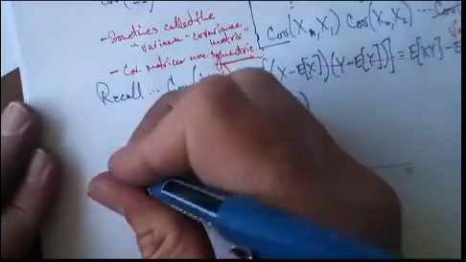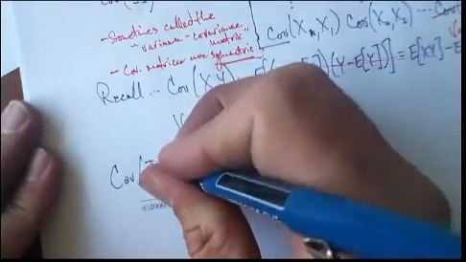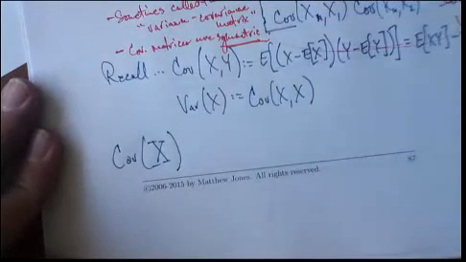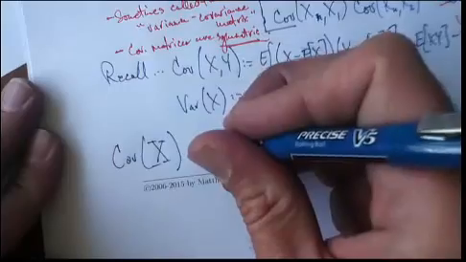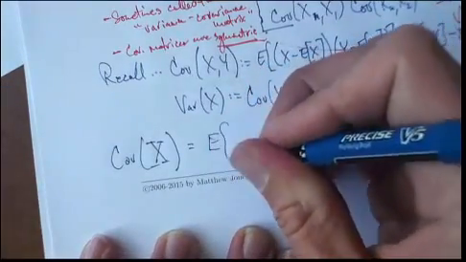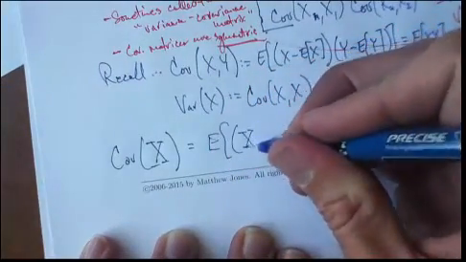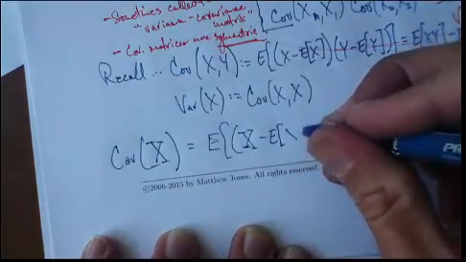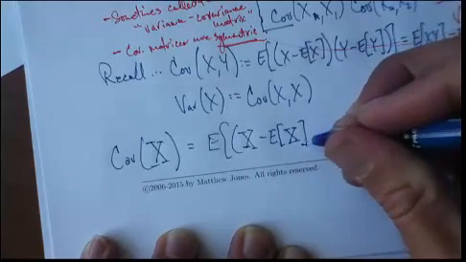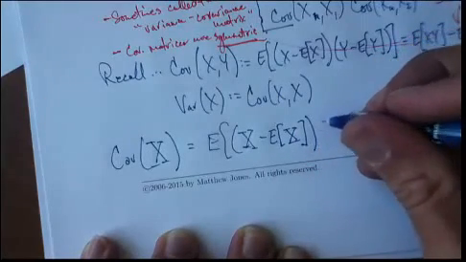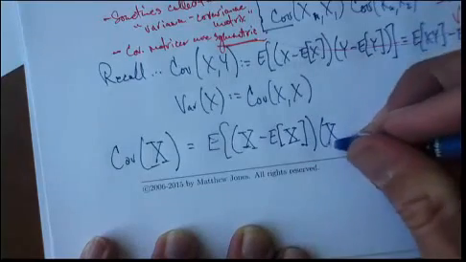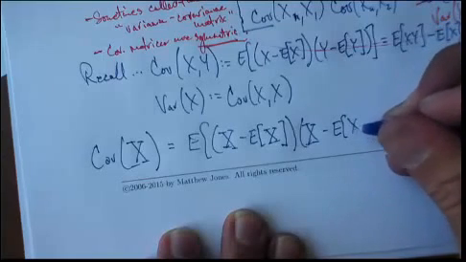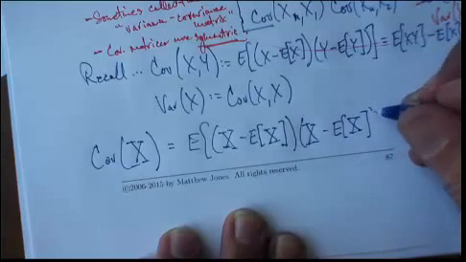I could also write the covariance of this random vector as the expected value of the random vector minus the expected value of that random vector, times this vector, transpose.